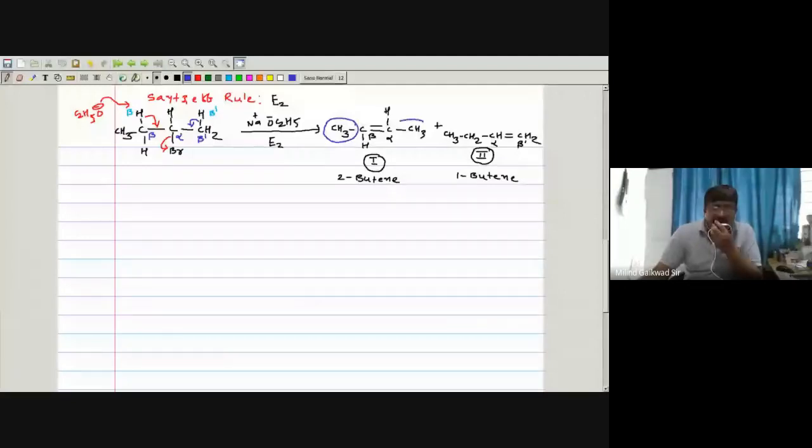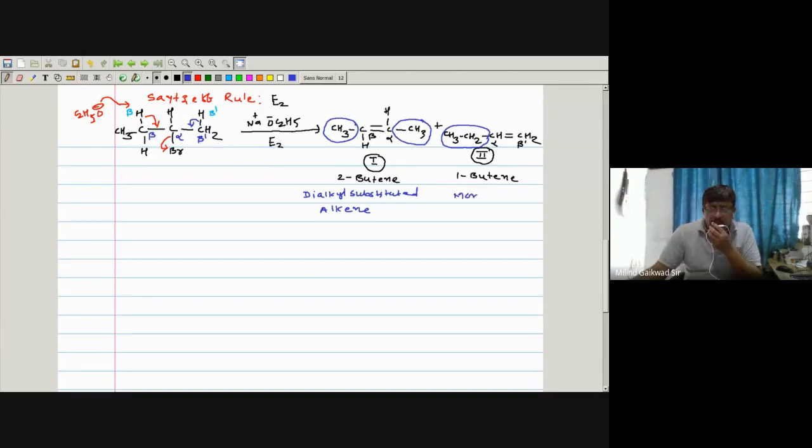So the two alkyl groups are directly attached to the doubly bonded carbon atom. So it is a dialkyl substituted alkene. Right? And here only one R group is directly attached. The ethyl group is directly attached.